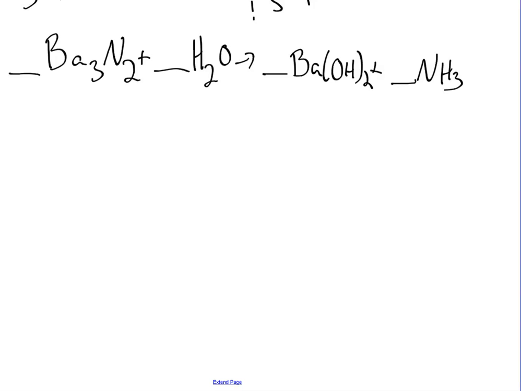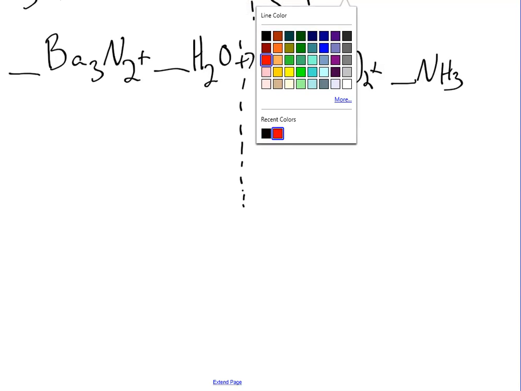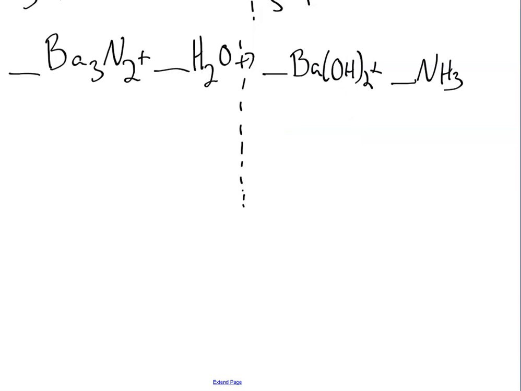Let's go ahead and separate our two sides. Reactants on the left, products on the right. And let's get counting. We have 3 barium in reactants, 1 in the products, because this 2 only affects the H and the O within the parentheses.